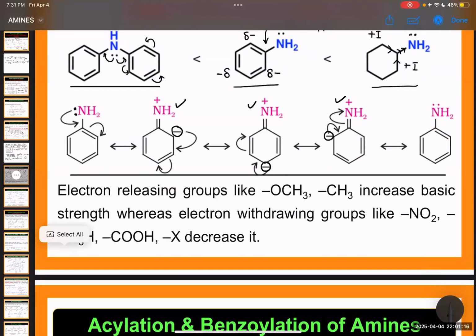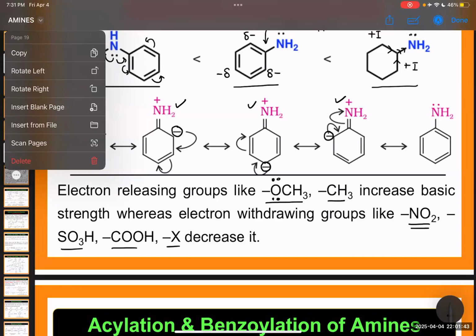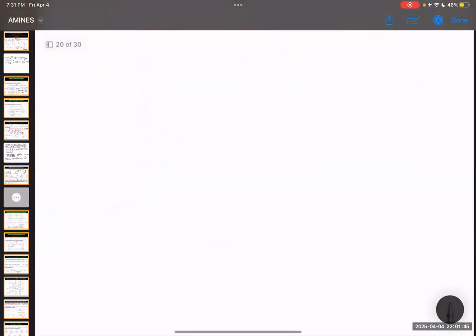Further, suppose you have a group like OCH3, CH3, they will increase the basic strength because they are electron donating groups. But if you have electron withdrawing groups on the benzene ring, they are going to decrease the basic strength. Okay, clear? So let's do one question about the basic strength of anilines.